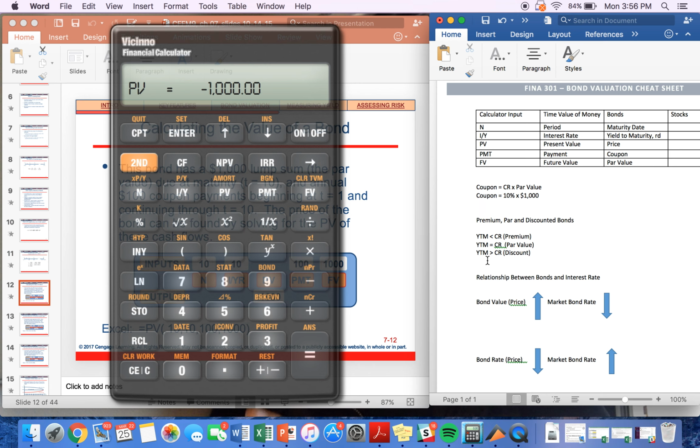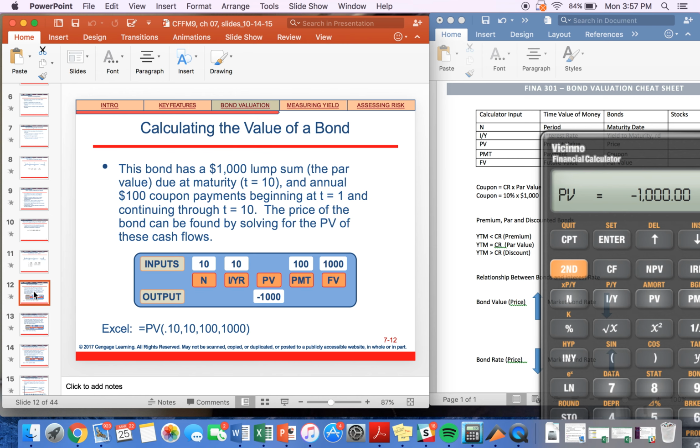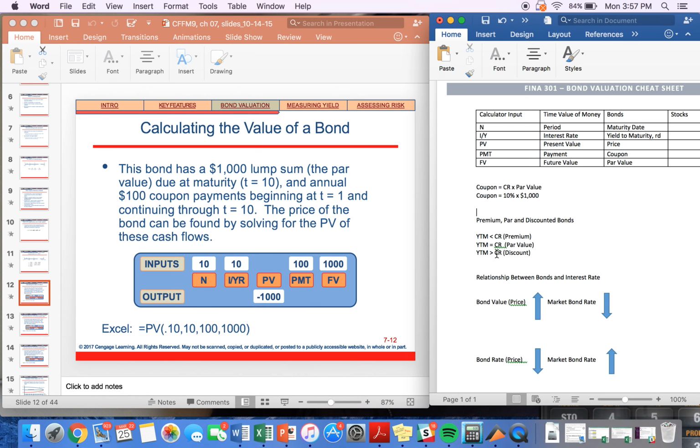If I am at par value, my yield to maturity, or my I/Y, is equal to my coupon rate or my payment. Remember, if we go back to slide 11 here, they said my 10% annual coupon bond and my 10% rate or yield to maturity. So if that relationship is true here, then I would be at par value, or my bond today is worth $1,000. And there's proof right there. You can see that right there.